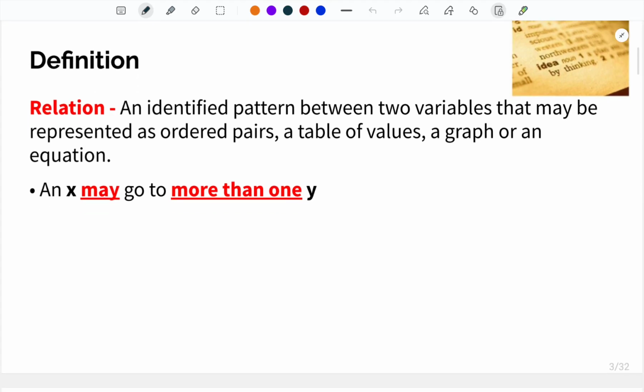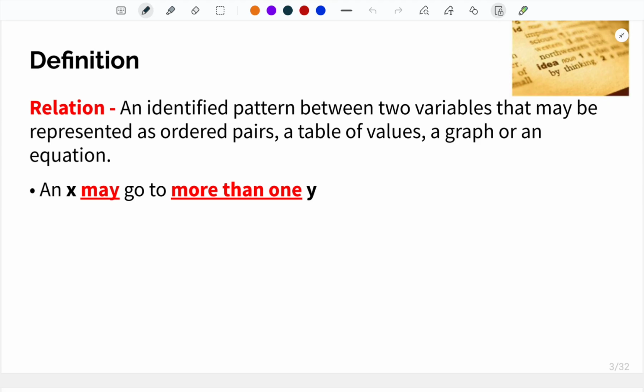All right, so first of all, just a couple definitions that we need to get to. So we have a relation. This is actually what you've been working with pretty much for most of the past couple years in math. It's basically a pattern between two variables, which you can represent as either ordered pairs, as in coordinates, points, a table of values, a graph, or an equation.